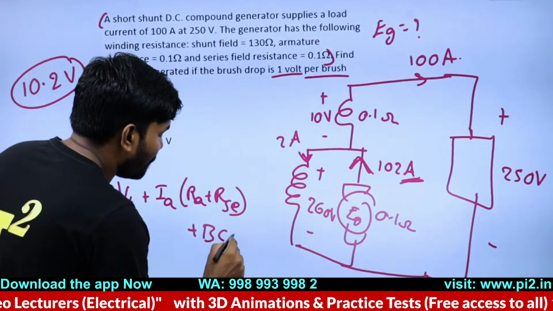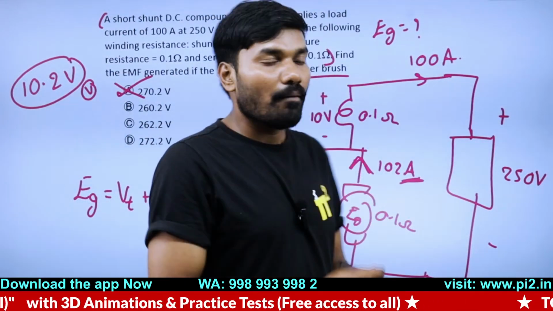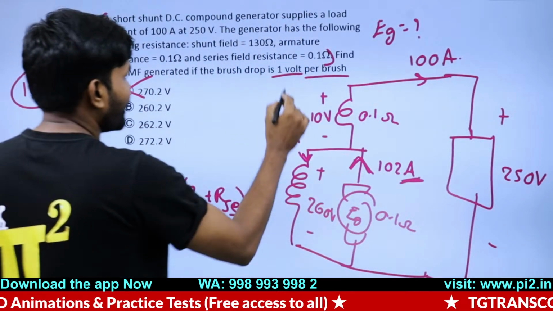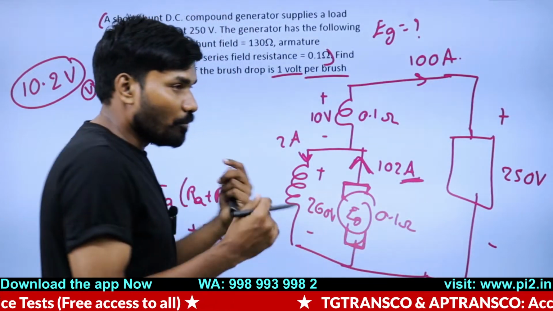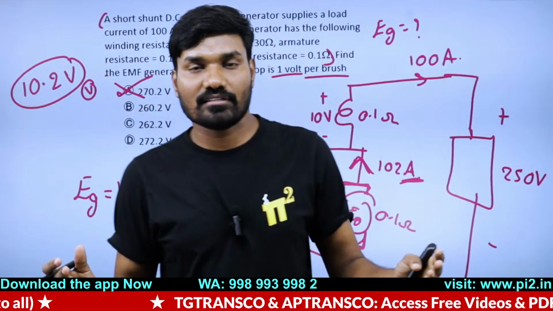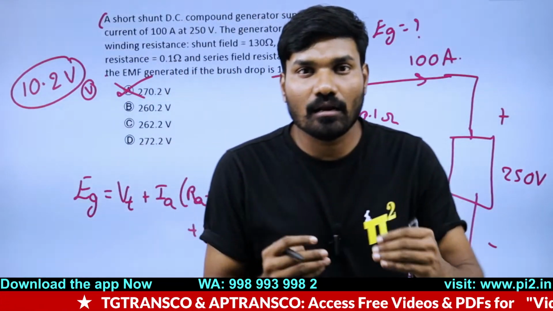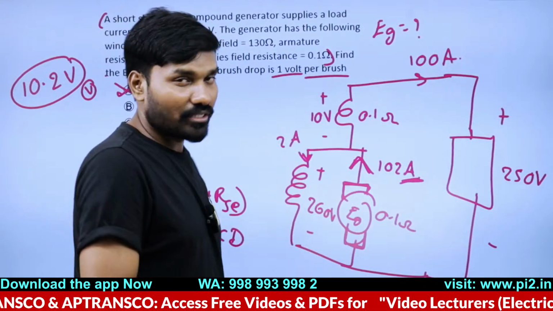BCD, brush contact drop. What is brush contact drop? Here there is a brush, here there is a brush. You may have more than 2 brushes sometimes. You may have 6 brushes. Each parallel path has 2 brushes. Upside one brush, downside one brush.